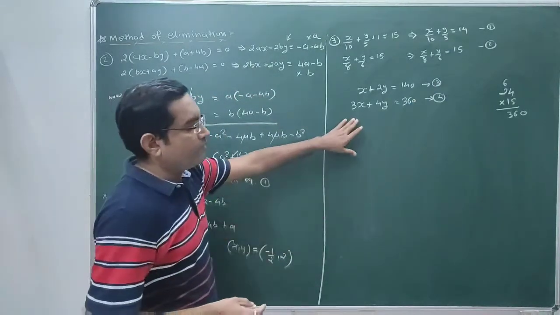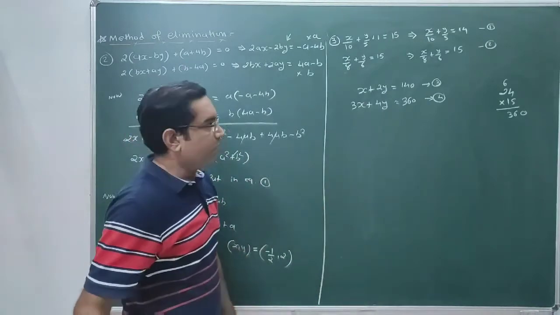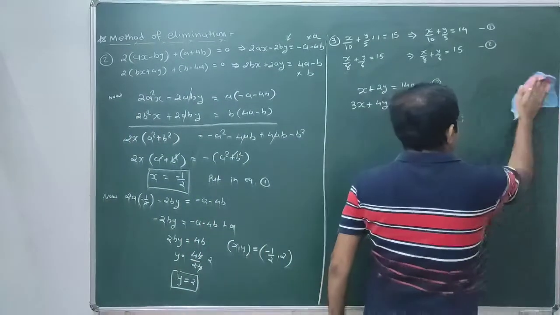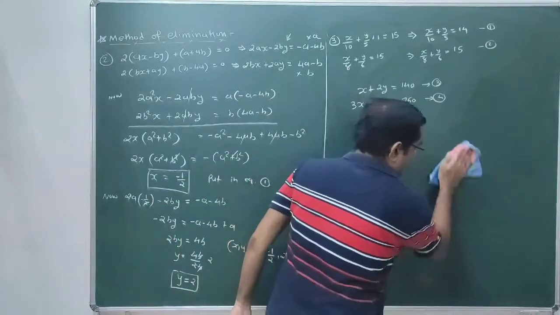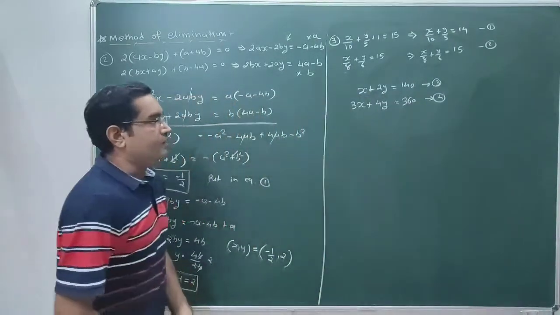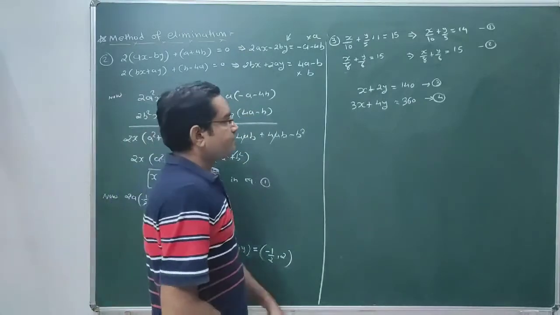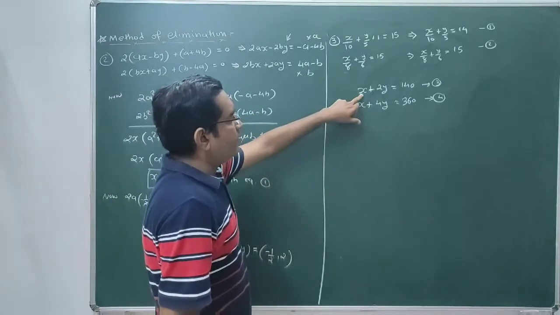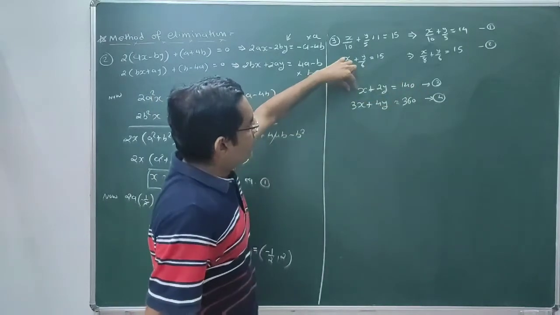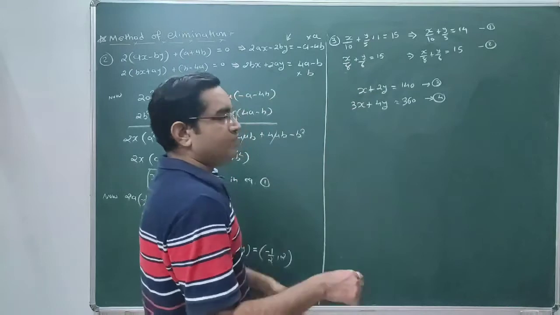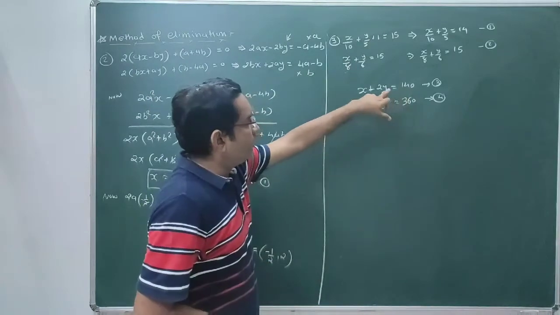Now we have to solve these equations by using the method of elimination. For the method of elimination, what you have to do? You have to select either one of the variables to be eliminated. So for that, we can select the coefficient of variable x. If we multiply equation 3 with 3, this 3x will become equal. Second option, you can multiply equation 3 with 2.